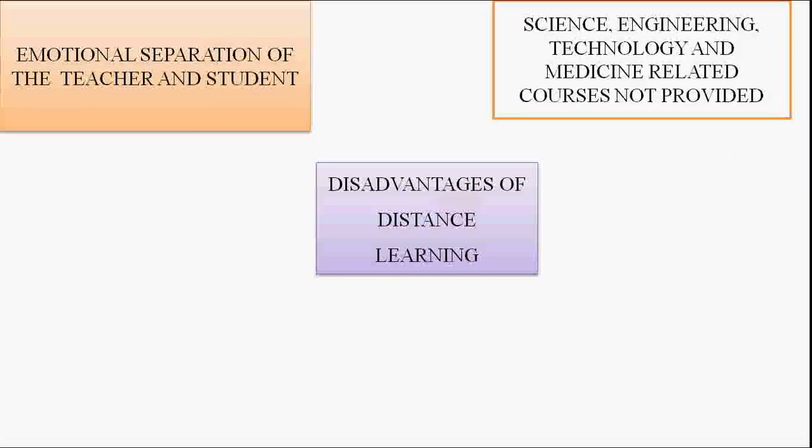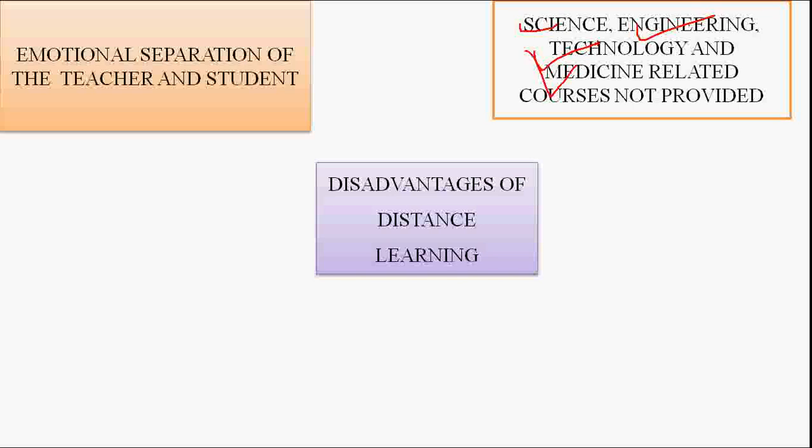The next disadvantage is that science, engineering, technology and medicine related courses are not provided under distance education. Because, as we know, under science, engineering, technology and medical related courses, practicals are there.